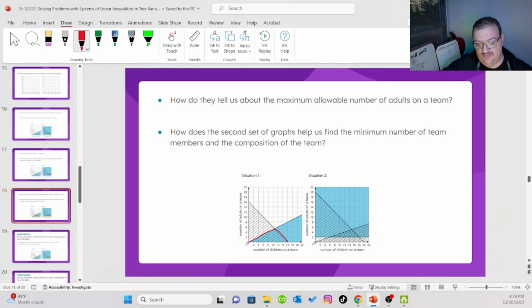How does the second set of graphs help us find the minimum number of team members and the composition of the team? Well, for the minimum, it's going to need to be below this solid line or on it. It's also going to need to be at least on this solid line.